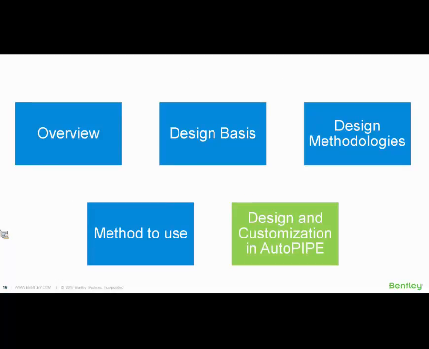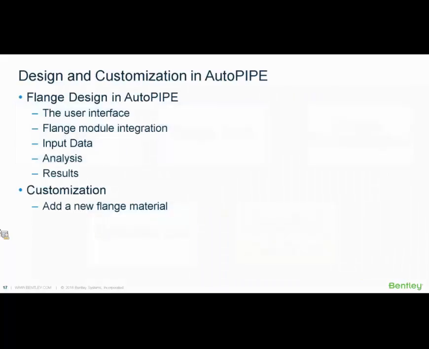So moving on to design and customization inside AutoPIPE, and how to perform them. We would first go through the user interface of the flange dialog that is available, which is a modeless dialog, and we would see how it is integrated into the program.